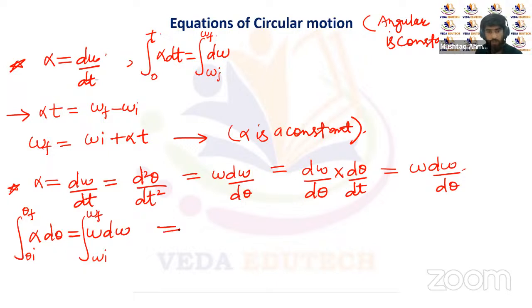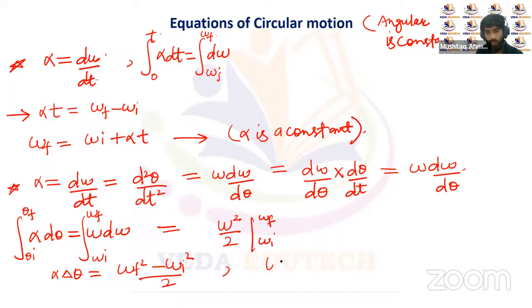We get the integration of omega with respect to omega as omega square upon 2 with limits omega initial to omega final. Now we're left with alpha delta theta equal to omega final square minus omega initial square, upon 2.